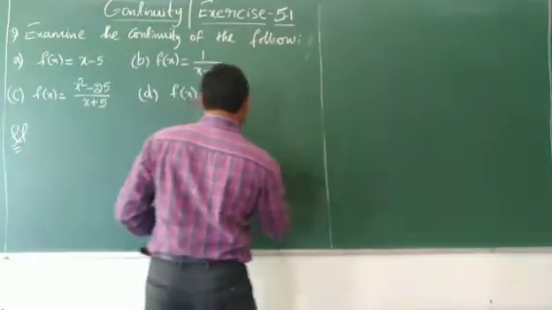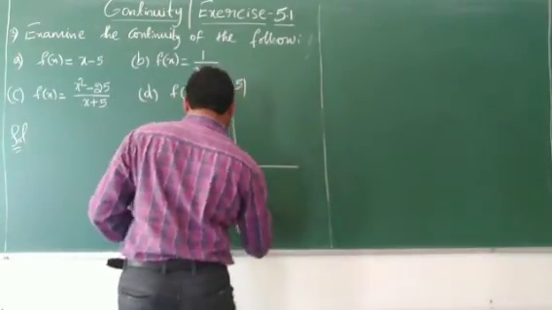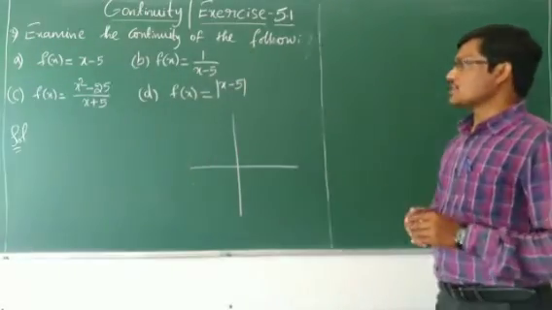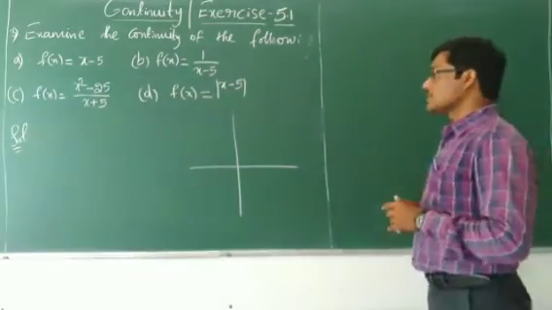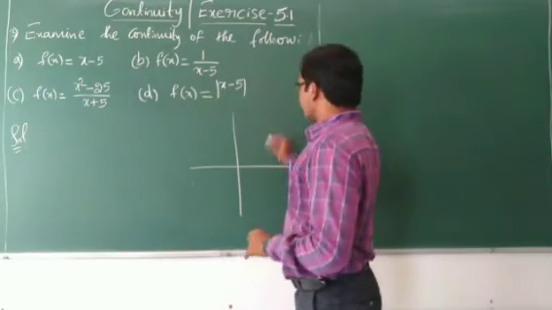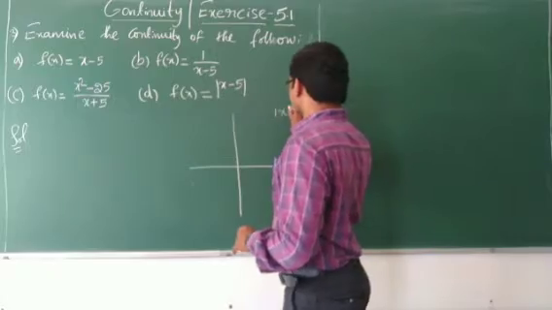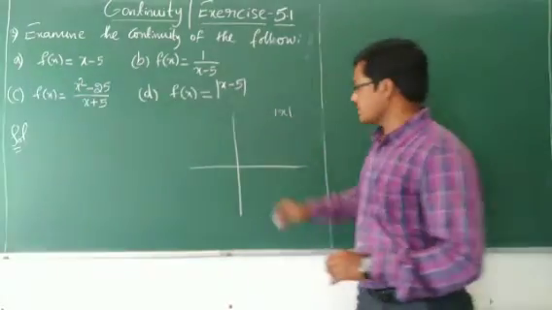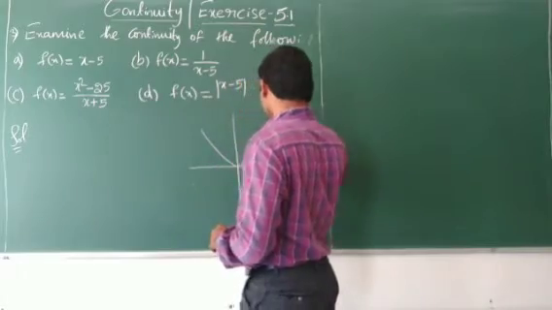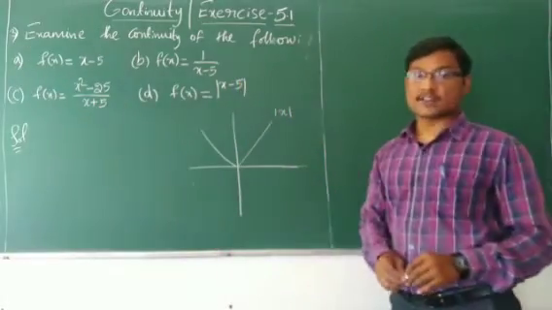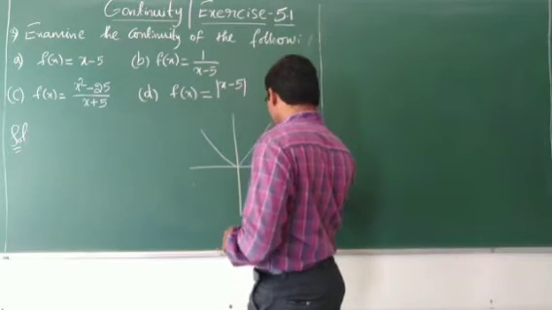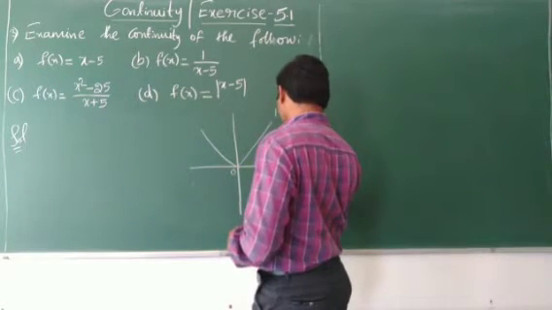If you take the graph, this graph is not required for exam purpose, but for understanding purpose this is very crucial. If you take only mod x, the graph will be like this. This is mod x graph. If you take mod x minus 5, the graph will be like this. This is 0.